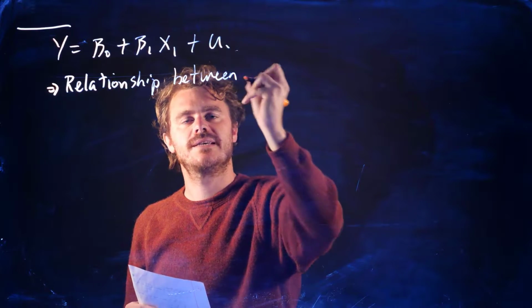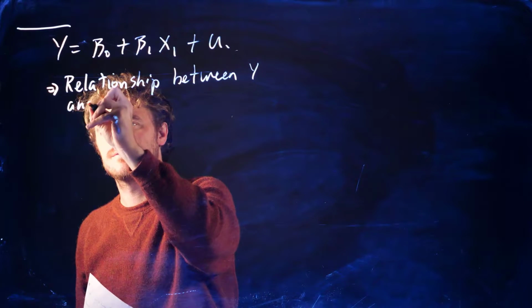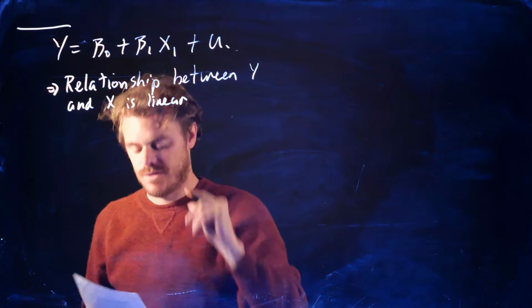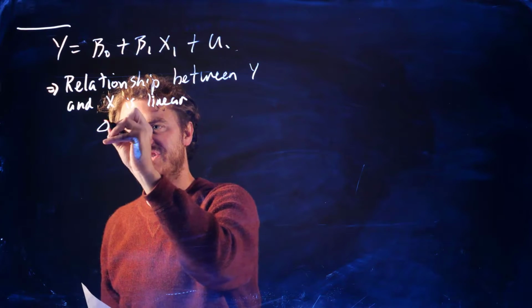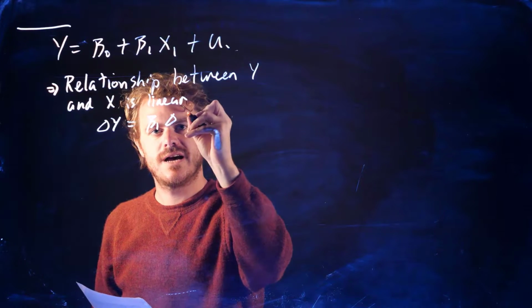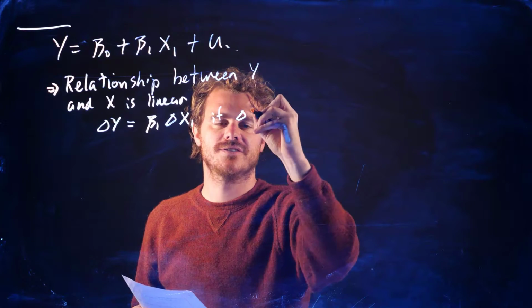How we wrote this out, it's implying the relationship between y and x is linear, right? Because a change in y equals beta 1 times a change in x1 if nothing else is changing.